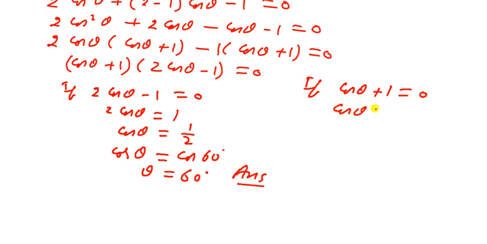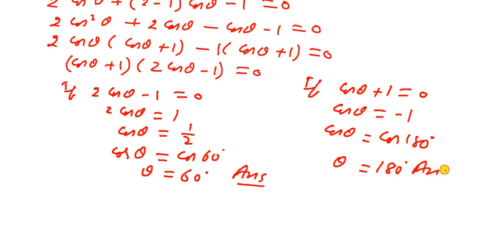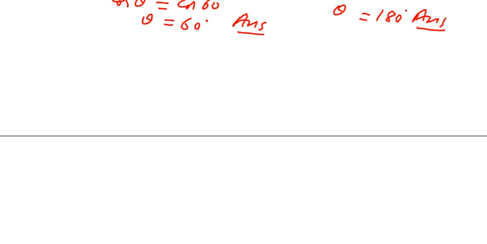Now if cos theta plus 1 equal to 0, then cos theta is equal to minus 1, and cos 180 degrees is minus 1. The value of theta is 180 degrees. So that is your second answer.